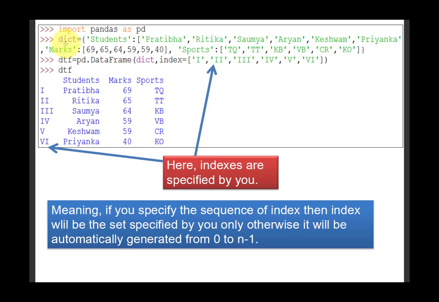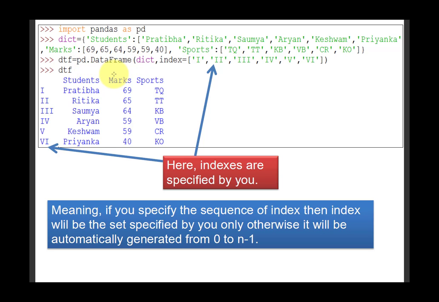Now I will convert that dictionary into the data frame. How can you convert the dictionary into a data frame? First you will create the data frame object. So once again I am using the name dtf. You can also use another name, but make a practice of using the same name. So dtf equals pd.DataFrame.